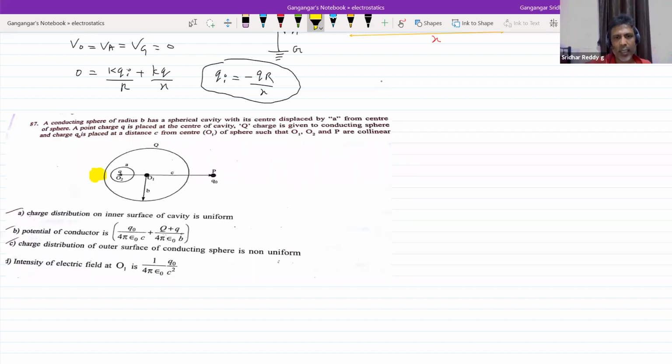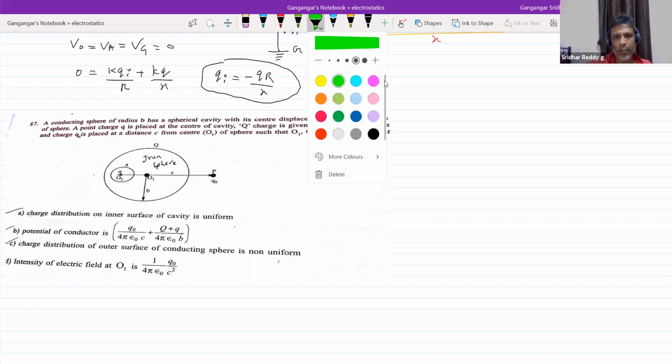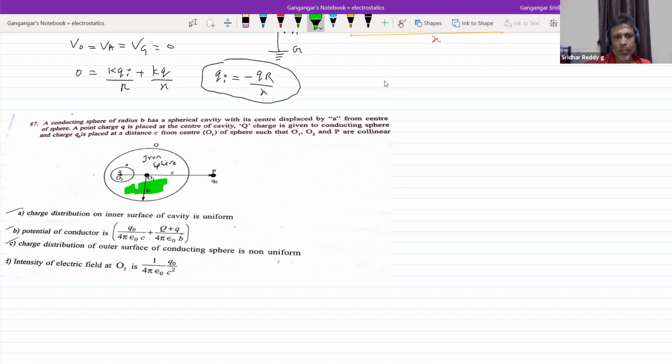Okay, there's a conducting sphere. Let me write iron sphere. The cavity, this one. Read the question. Meanwhile, I'll shade it.